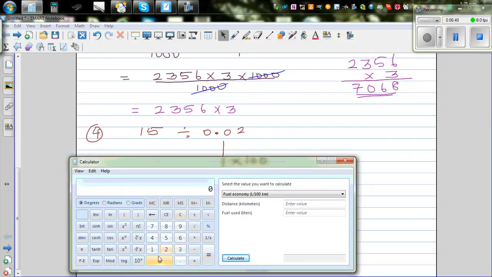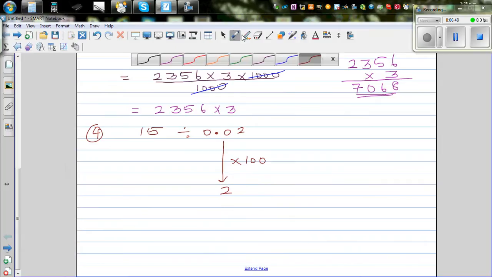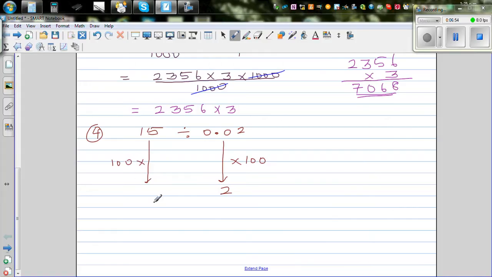You can check that. 0.02 times 100 gives you 2. So if you make this 100 times bigger, this has also to be made 100 times bigger. So this is 1500 divided by 2, which is 750.